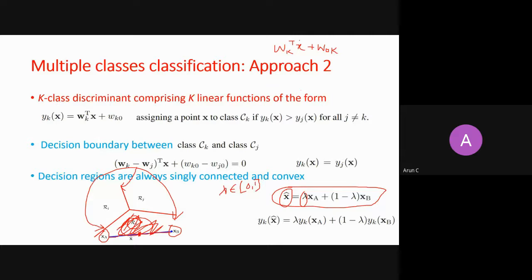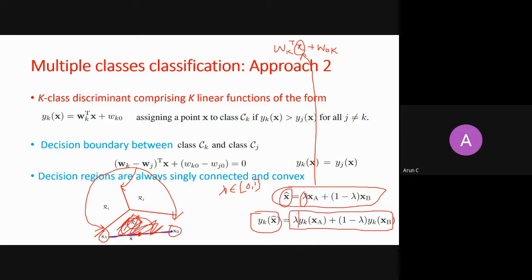Then you just feed your value of x this way here, and you can rewrite that yk of x hat can be written as a convex combination of yk(xa) and yk(xb), right?